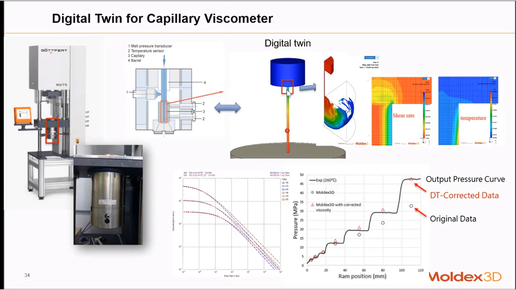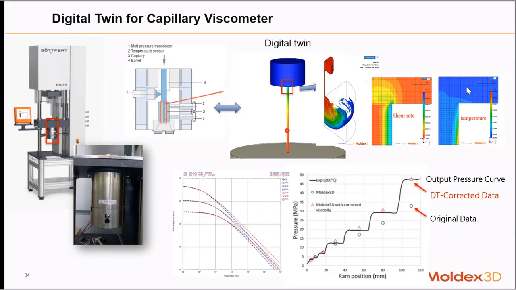So we can create a structure like this one according to the structure of the viscometer, and we can run the simulations. And it's interesting when we run the simulations, we can check the shear rate, we can check the temperature, and we will find for this kind of measurement, usually we assume the temperature is at a specific temperature, for example, 230 degrees C. However, due to the viscous heating happening in the flow, the temperature will increase.